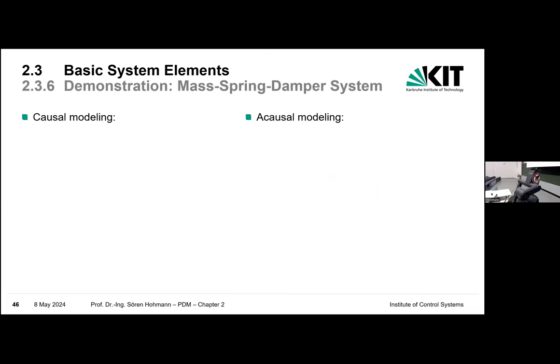So what we can do, if we look at the mass spring damper system, the causal modeling or the non-causal modeling: we put here a plus, perhaps no explicit differential equations.